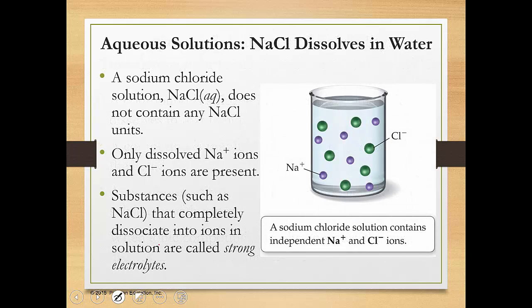Here's a representation of what you would see. So if we take NaCl as a formula unit, so we've got little crystals of table salt, and we put them into water, what's going to happen is we don't have any longer attached formula units of sodium and chlorine bound together in there.